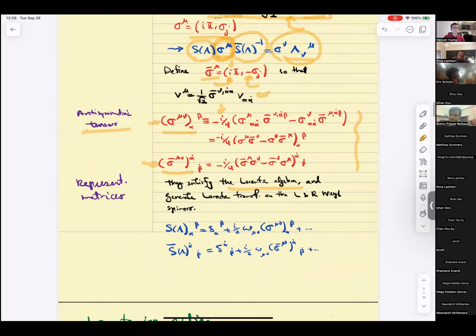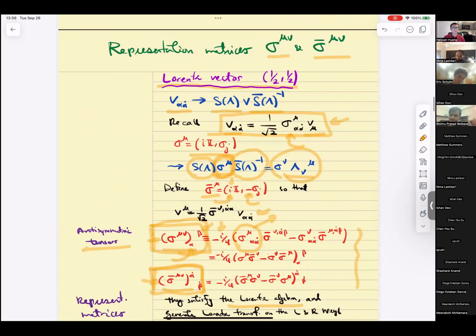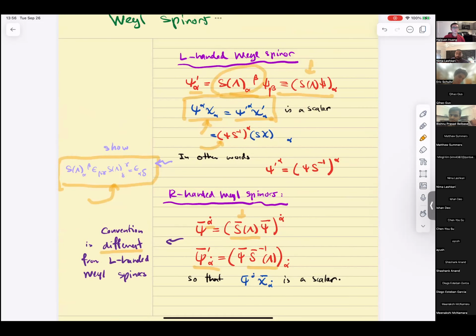So these are our representation matrices. As you can see, they are 2 by 2 matrices, right? Alpha, beta are indices that run over 1 and 2. This guy generates Lorentz transformations on the left Weyl spinor. This guy generates Lorentz transformations on the right Weyl spinor. And I wrote them in terms of this thing that was generating Lorentz transformations on the vector. Going back to the discussion that we had here, those representation matrices were at the level of the algebra.